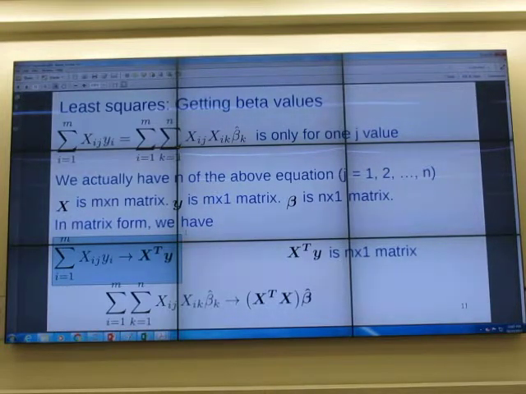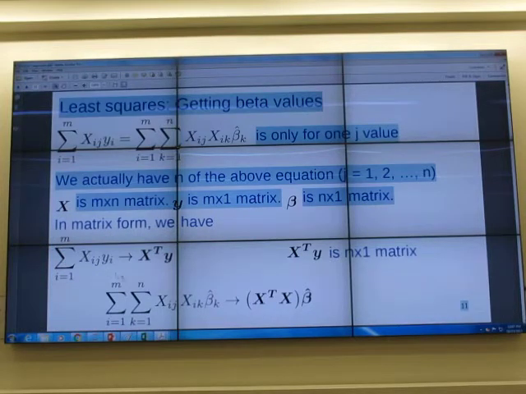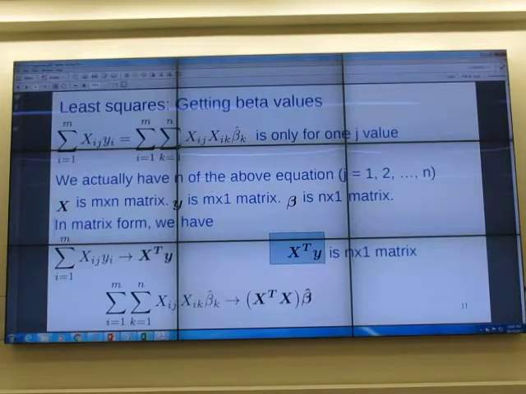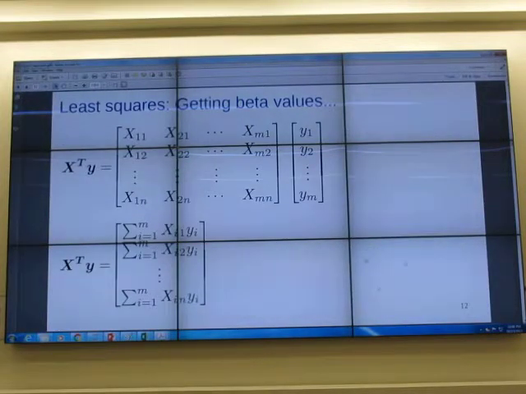This means we have n equations of that. X transpose y is an n by 1 matrix, and I will show you what it is. And instead of writing it like this, which is for one beta, when I have multiple betas, I have x transpose x multiplied by beta. That's for n equations. But it's very difficult to understand how we get x transpose x equal to the summation of xx. Let's take a look at it. X transpose y.